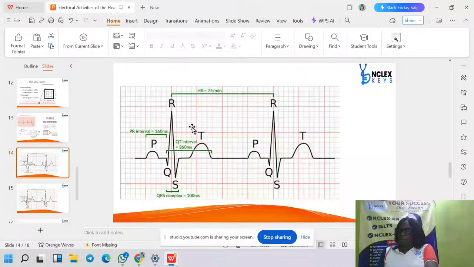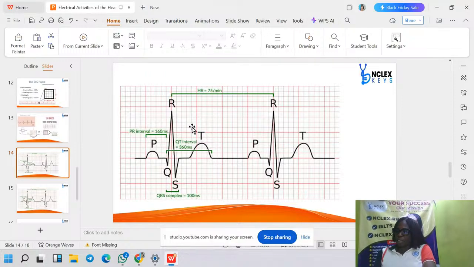The number of small boxes: 1,500 divided by whatever the number of small boxes you have. And I told you 1,500 is constant, okay? 1,500 is constant K. So that's the small boxes method. I hope you get this.